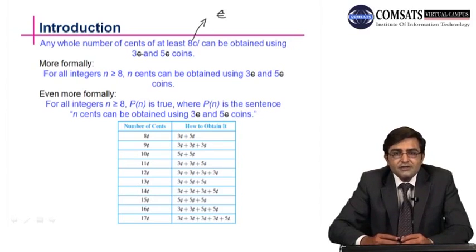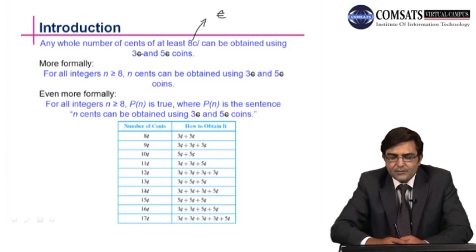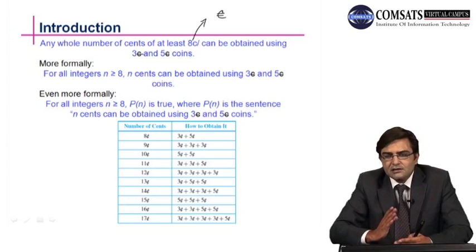Any whole number of cents of at least 8 cents can be obtained using 3 cent and 5 cent coins. So if we are given any number of cents, for example 8, 9, 10, 11, 12, 13, but at least 8 cents, we can obtain this by using 2 kinds of coins, 3 cents and 5 cents.